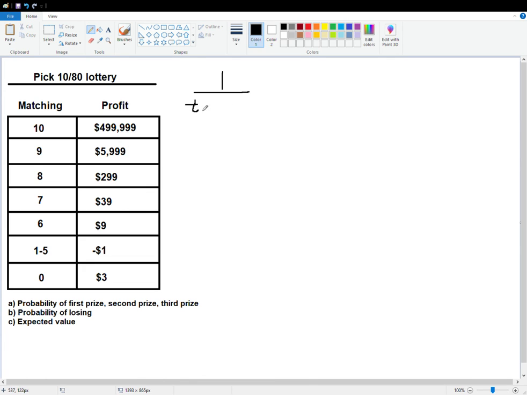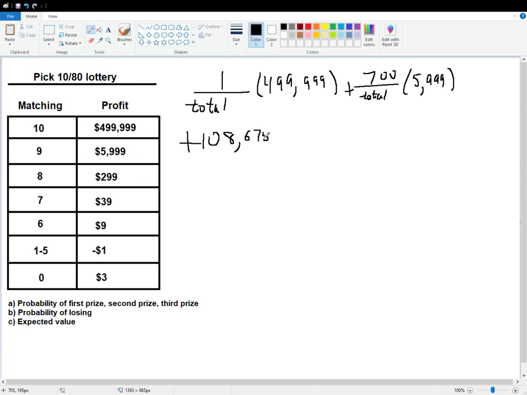So 1 over total times value of outcomes. So what is our value for 10 matching? It is 499,999 plus 9 is going to be 700 over our total times 5,999. And we're going to keep going.